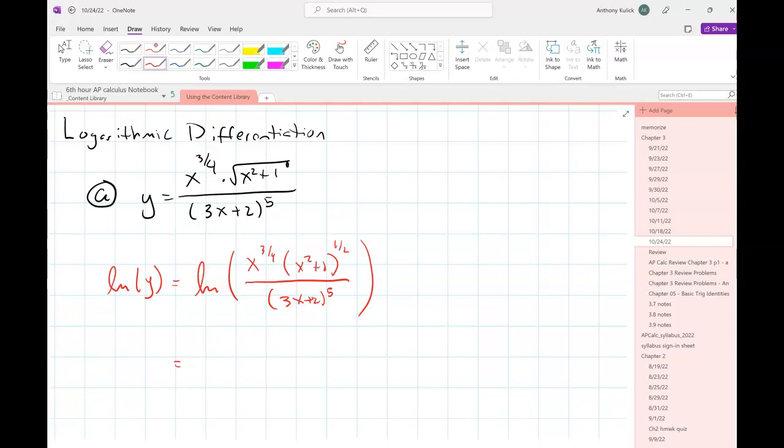I'm then going to use my properties of logarithms. So I'll begin with the quotient property. Now I can rewrite this as log of the numerator minus log of the denominator.